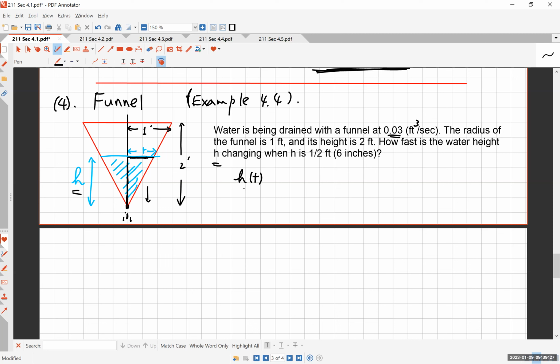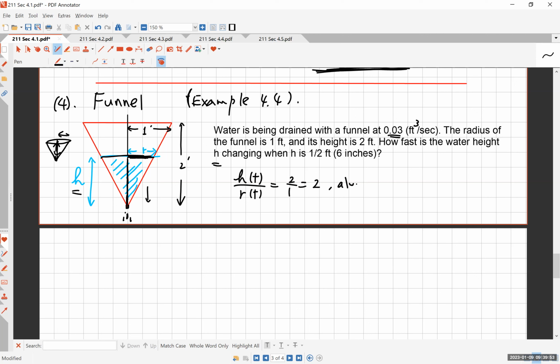H is the height, and r is the radius of the remaining water as a cone. See, anytime the water is remaining and is still being drained, it's going to be like the cone. So we have the radius and the height, right? So height divided by the radius is always going to be 2/1, which is 2. Always.